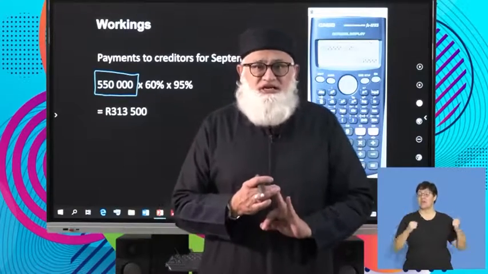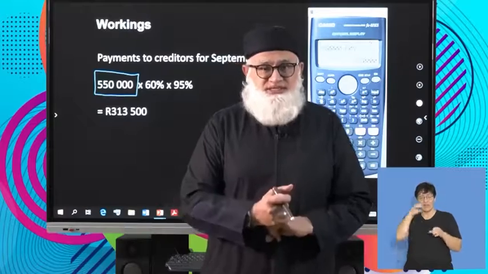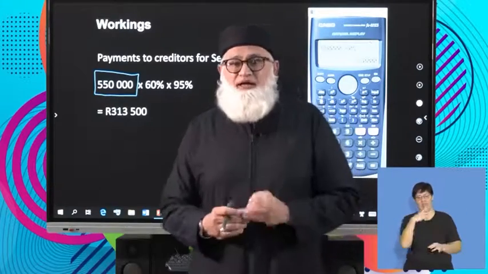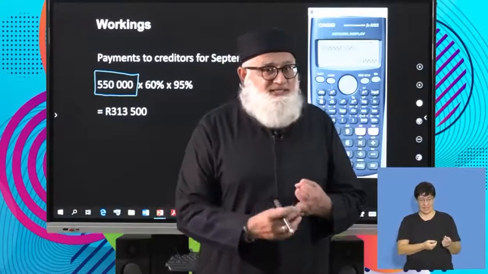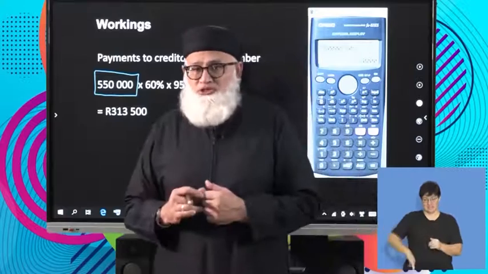Remember, discount allowed and discount received does not feature in my cash budget. Reason, they are non-cash items. However, discount allowed and discount received will feature in my projected income statement. Discount allowed as an operating expense and discount received as an operating income. Okay, that was just by the way, but important.